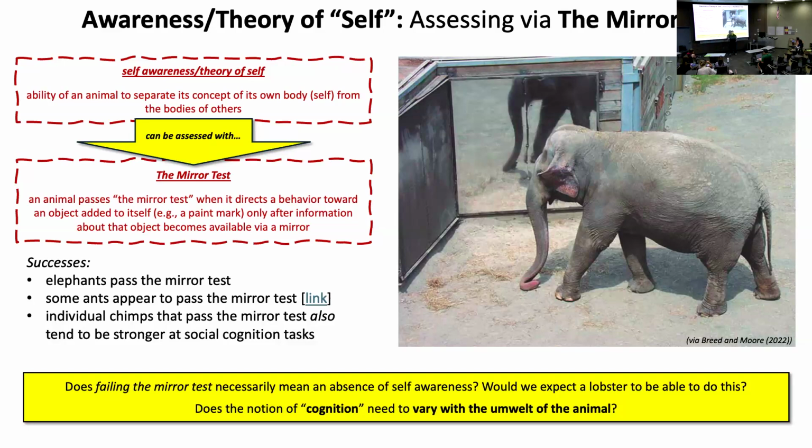Just like in the elephant case, if you have a visually conspicuous addition to your face and you walk by a mirror and see your reflection, to pass the mirror test is to go and touch where that was added to you, and see it in the mirror and try to remove it from yourself.